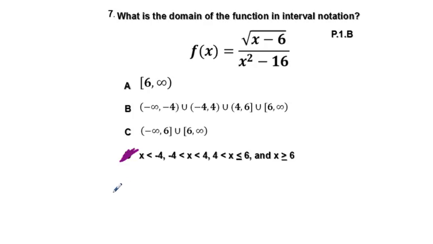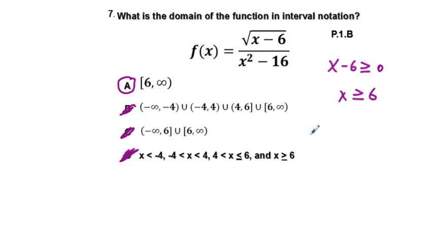We can solve this algebraically. We know that x minus 6 inside the radical here has to be greater than or equal to 0. So x has to be, if we add 6, greater than or equal to 6. Well, B has stuff that's less than 6. C has stuff that's less than 6. A is our only possible correct answer.